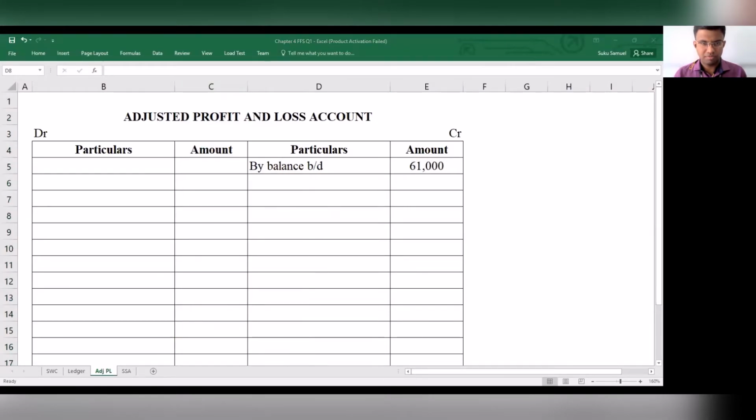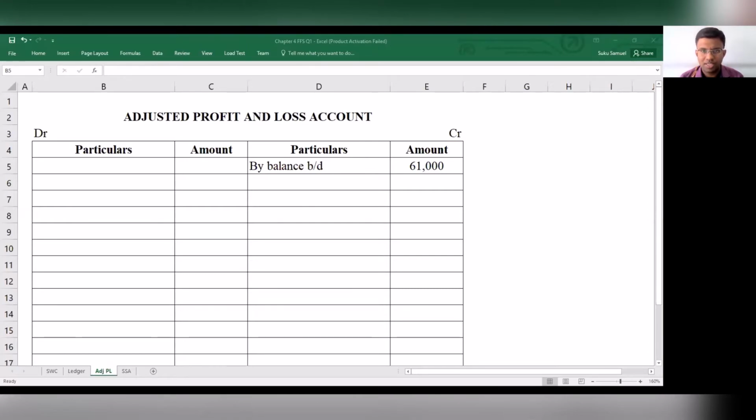So that's your opening balance. Now, what are the other items that we must consider? Let's look at the balance sheet, the liability side first. The share capital in 2015 was 4 lakh, and in 2016 it is 5 lakh.